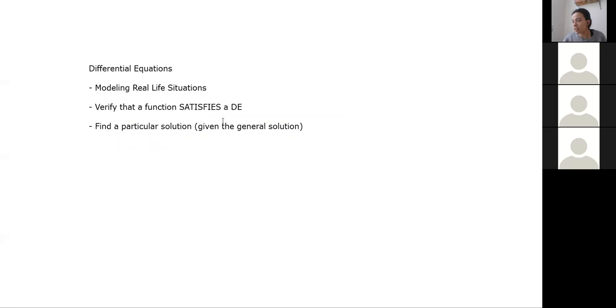The big problem is that we still don't know how to find the general solution. How do I find what function is actually going to satisfy the differential equation?